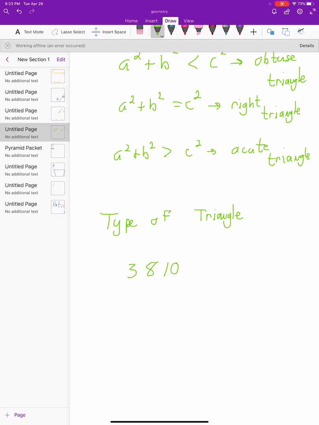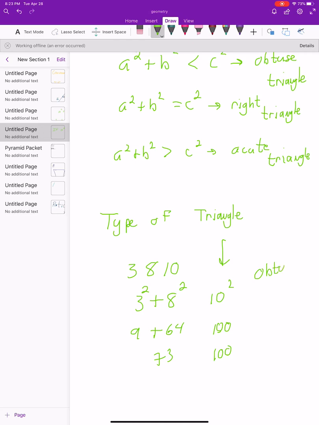So we want to take the two short sides, and we're going to square them, and the long side, and we're going to square it. And then we're going to see where all that falls out. So we get 9, and we get 64, and we get 100, and we see that this is 73, and this is 100. So since this side is bigger, that makes this an obtuse triangle.